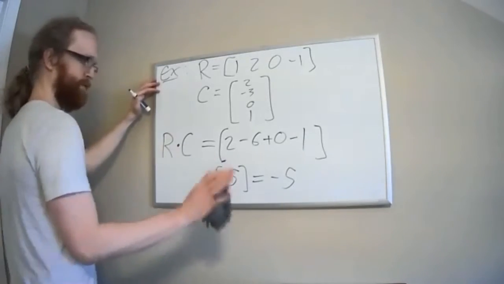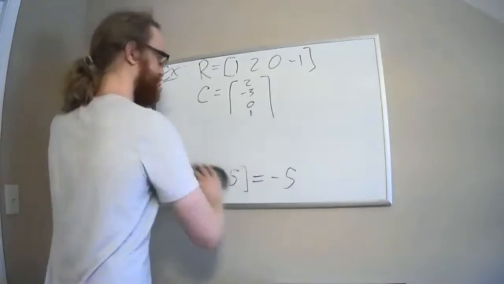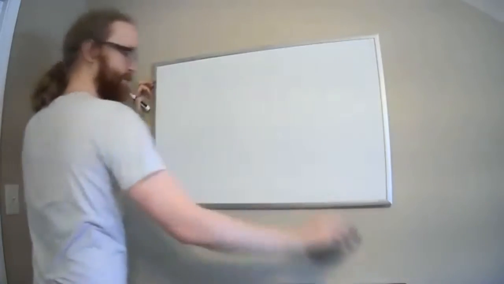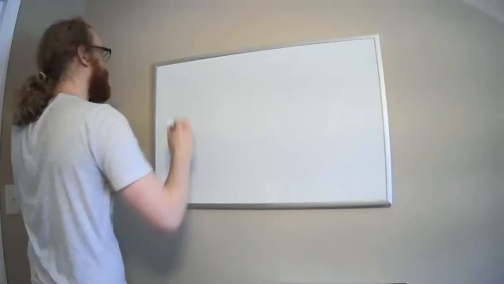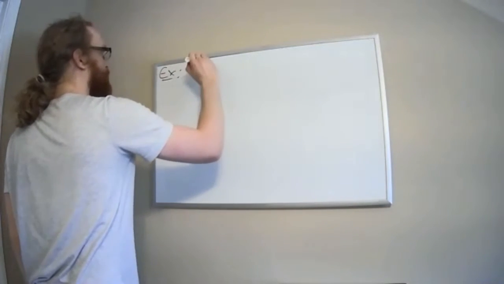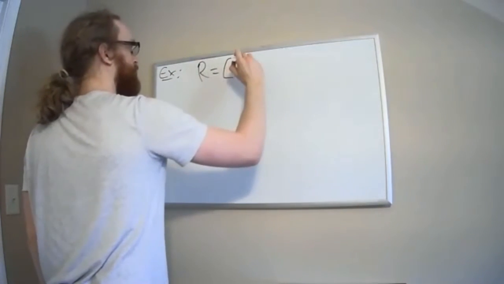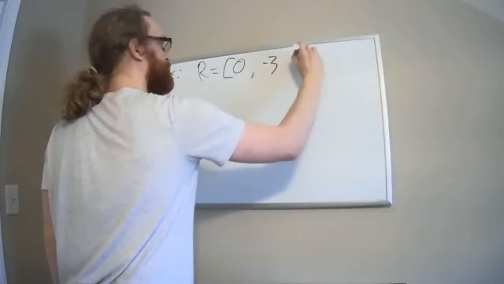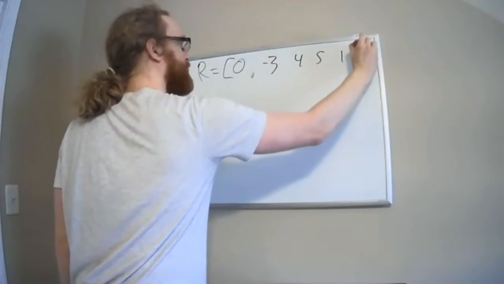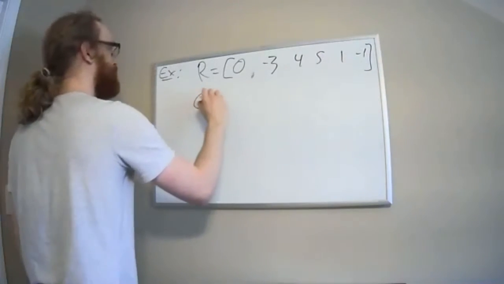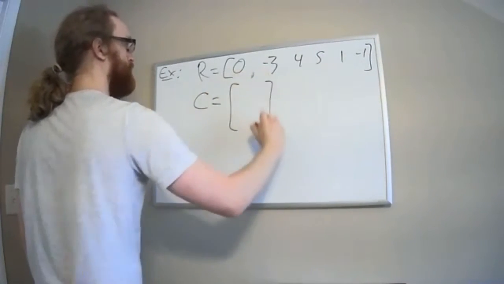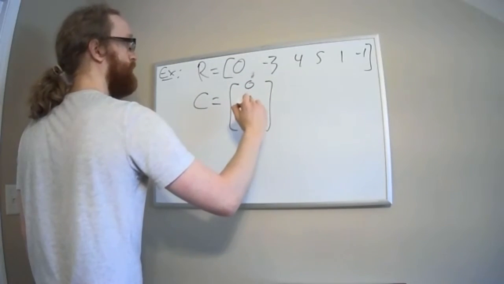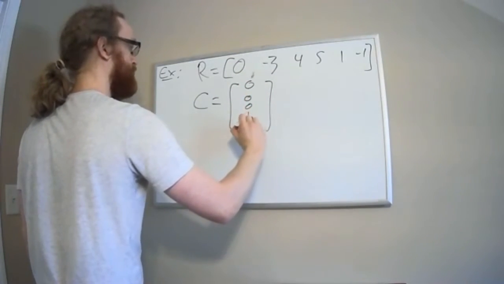Okay, let's see another example. One more example of this, and then I'll show you why the dimensions need to work out. Another example: r equals 0, negative 3, 4, 5, 1, negative 1, and c equals 0, 0, 0, 1, negative 1, and how about 7?